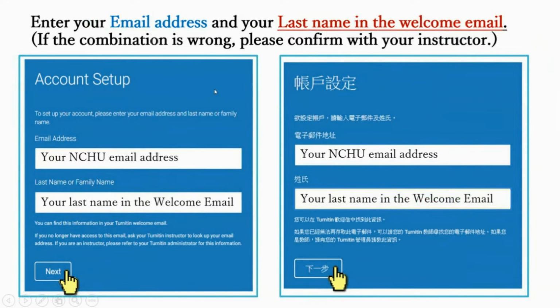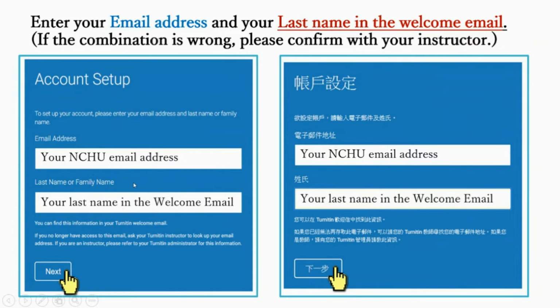On this page, please enter your email address, which must be an NCHU email address, and your last name from the welcome email. If your last name is in Chinese, you can go back to the welcome email, copy the last character, and paste it into this blank.